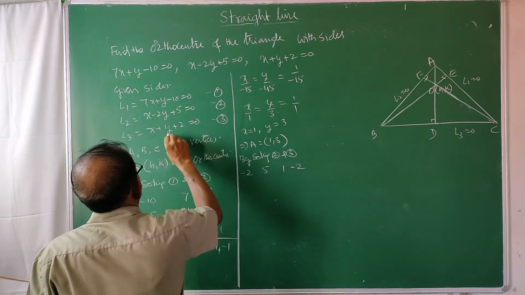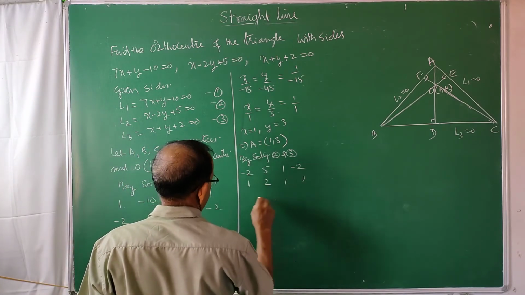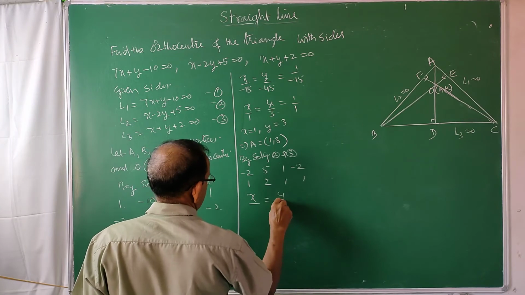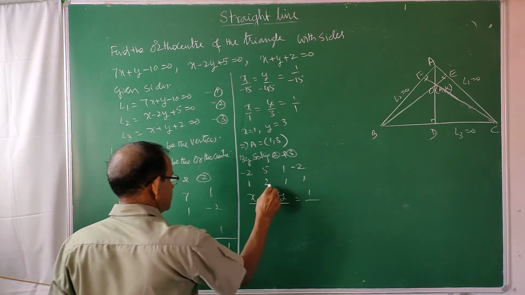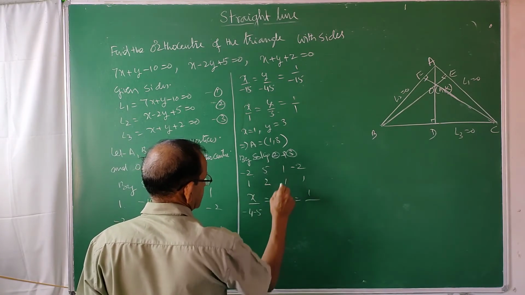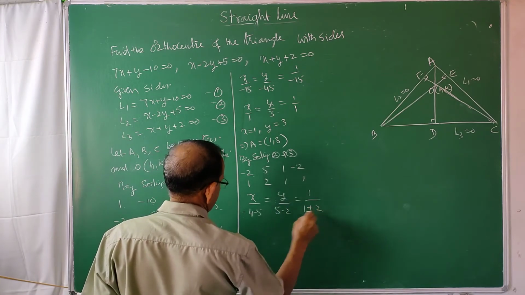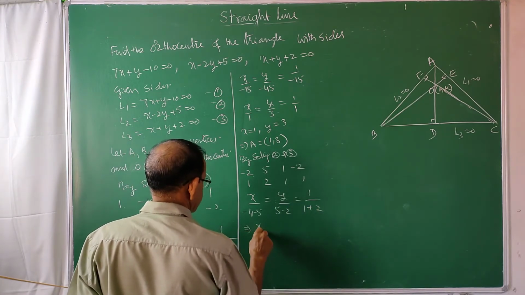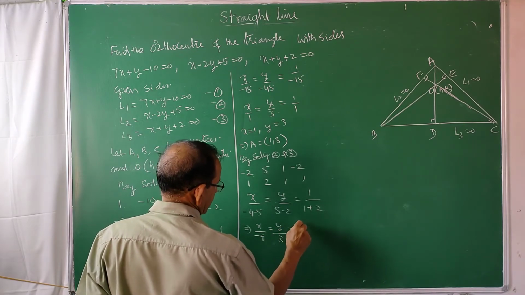And from the last one, 1, 2, again 1, again 1. x by y by 1 by minus 4 minus 5, 5 minus 2, 1 plus 2, that implies x by minus 9, y by 3, 1 by 3.